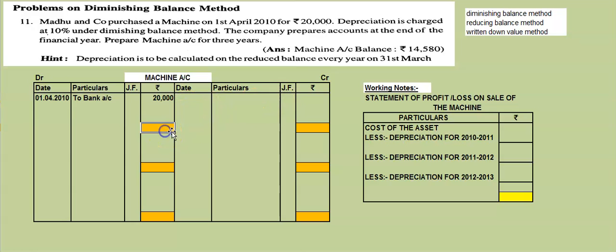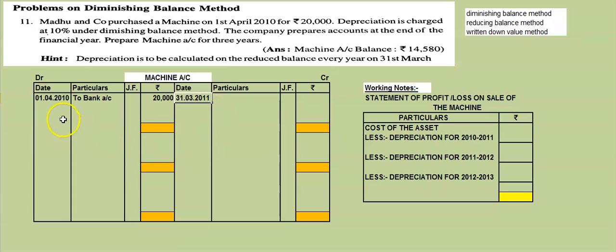Now what is the next step? You have to count the year from April to March, because from April the year will start and end on March 31st. Why have we taken April? Because the machine is purchased on April 1st 2010. 31st March 2011. Why are we writing 2011?